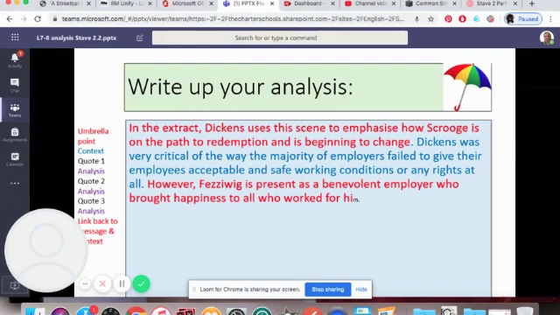So, in the extract, Dickens uses this scene to emphasise how Scrooge is on the path to redemption and beginning to change. Dickens was very critical of the way the majority of employers failed to give their employees acceptable and safe working conditions or any rights at all. However, Fezziwig is present as a benevolent employer who brought happiness to all who worked for him. Compare that to your paragraph opening and see if you can improve yours any. Do that with a green pen. Okay, pause.